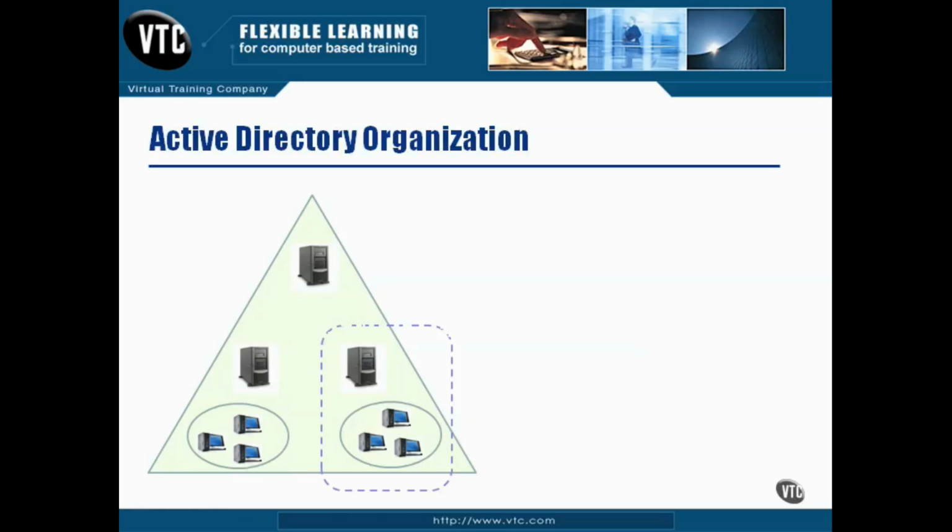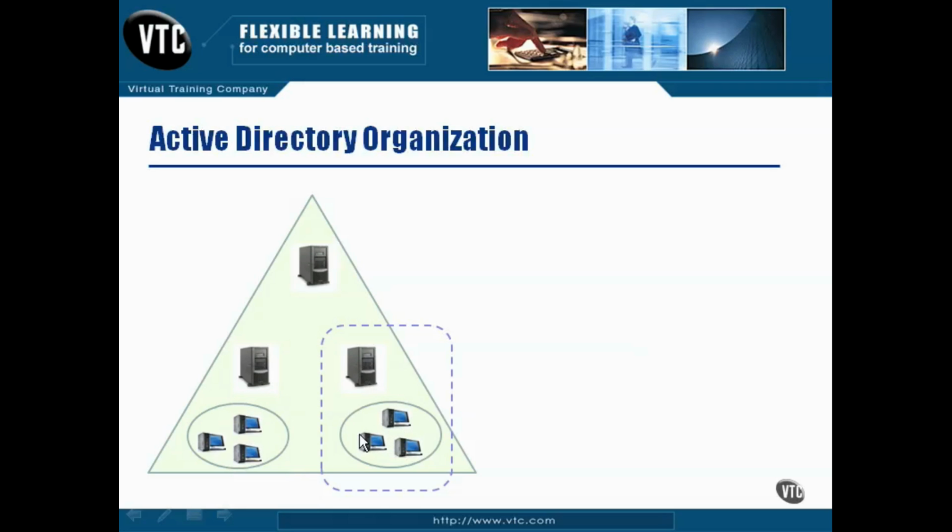Now, let's go to the next level. I can also create sites. A site can actually cross domains. A site is totally independent, but the best way to understand sites is that within this whole domain, I have network connections between all of these computers. Just picture Cat5 cable running between all these computers and connecting them.